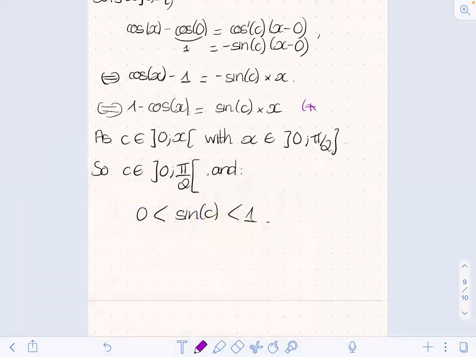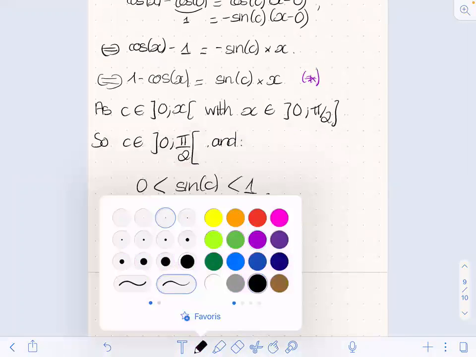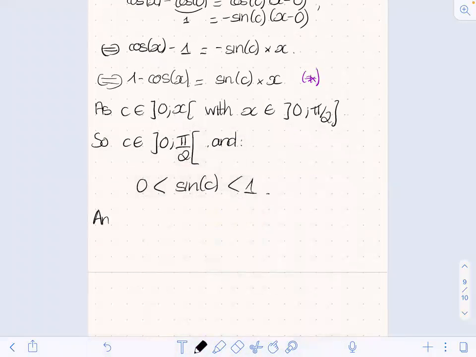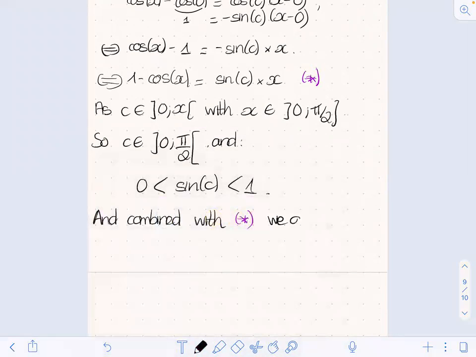If I refer to this as star, and combined with star, we get 1 minus cosine of x equal to sine C times x.